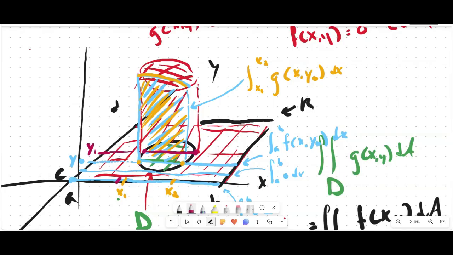You have different bounds in X. These guys don't work anymore. So here's the leap.